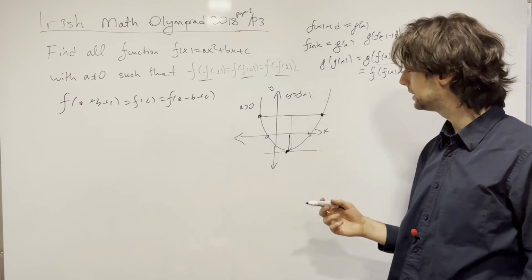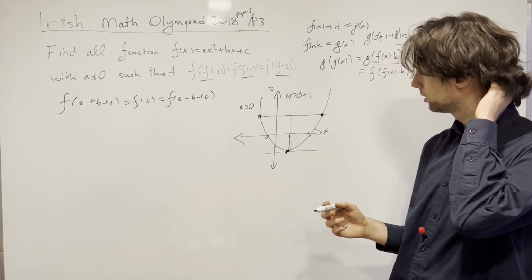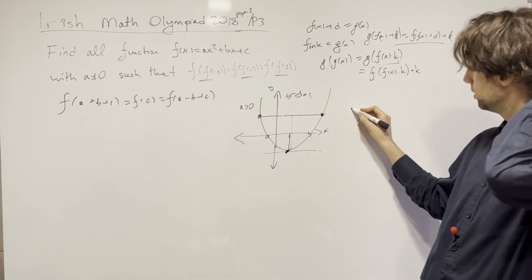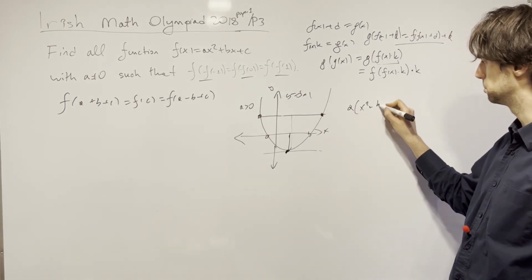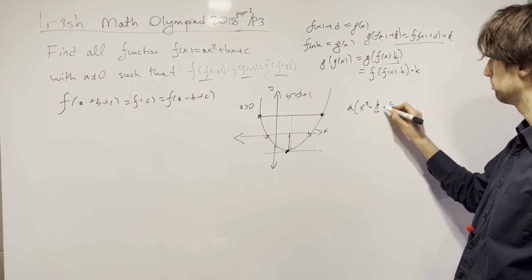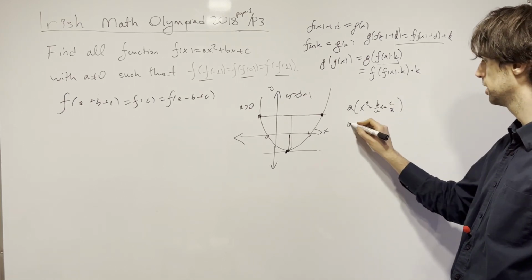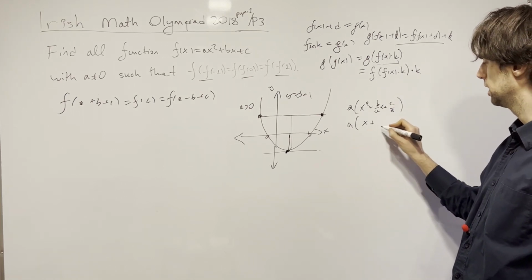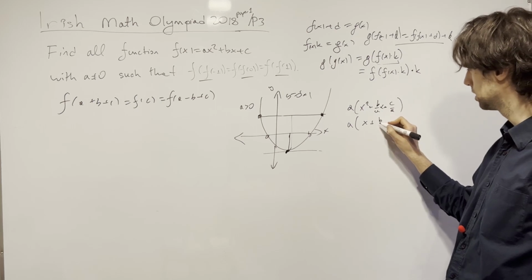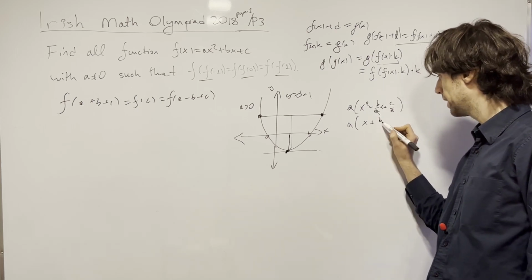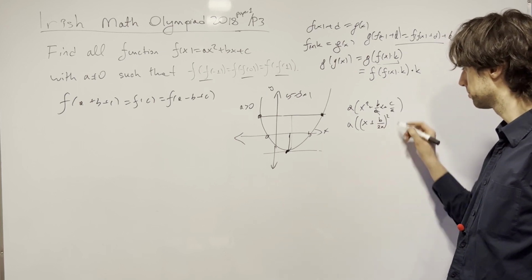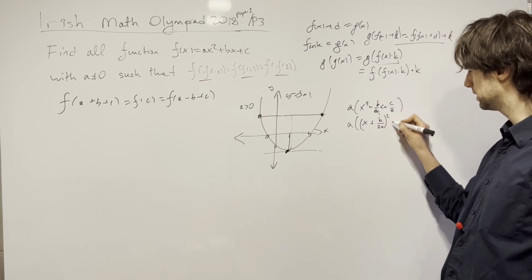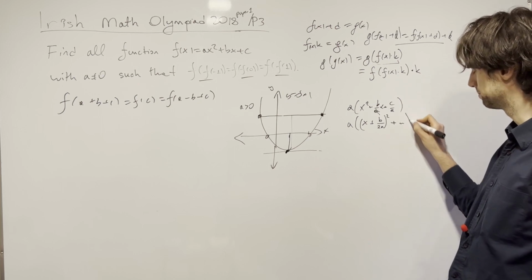And I think that is the x equal to, so what is this? One way to look at this is a times x squared plus b over a x plus c over a, which is a times x plus b over 2a, squared, plus something.